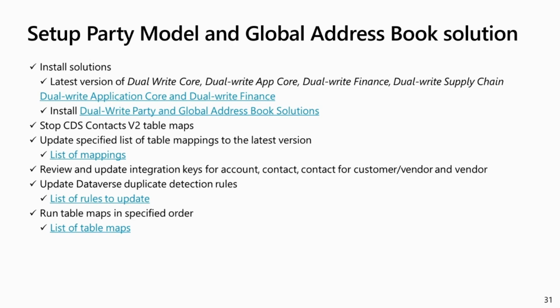Therefore, you should install these packages as a prerequisite to install the dual write party and global address book solution package. As a next step, you need to install this global address book solution, and this is additive to the dual write application orchestration solution. You have a link over here, so you can go through and see what are those steps to follow.